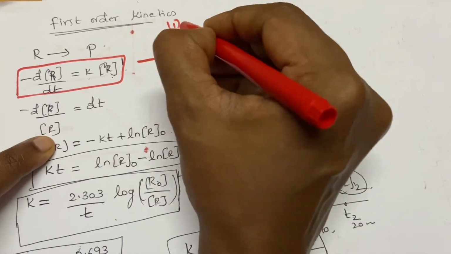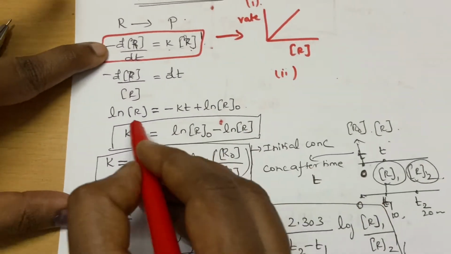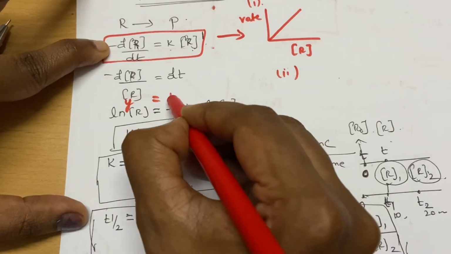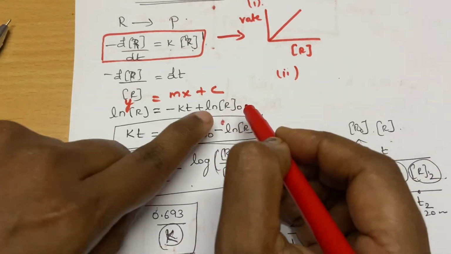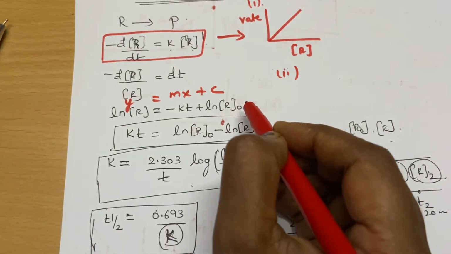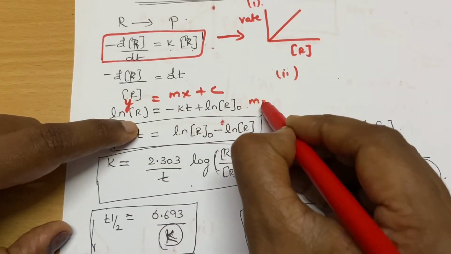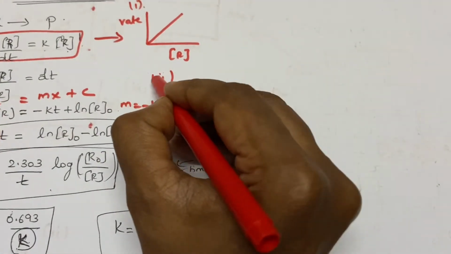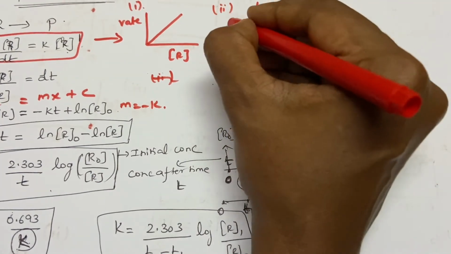So this is your first graph, and your second graph: you see, this equation is in the form y is equal to mx plus c, where the intercept is equal to ln R0. This is the natural logarithm of the concentration R, and m is equal to minus k here. So how will the graph be? Hope you got it, I already explained.